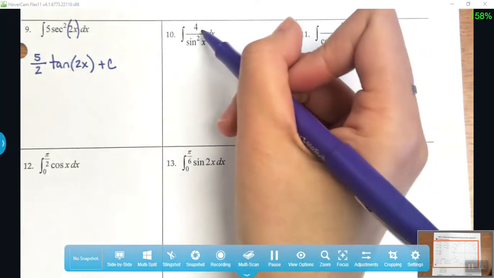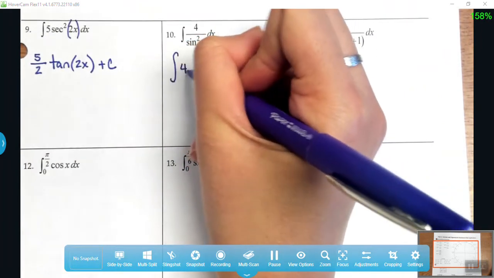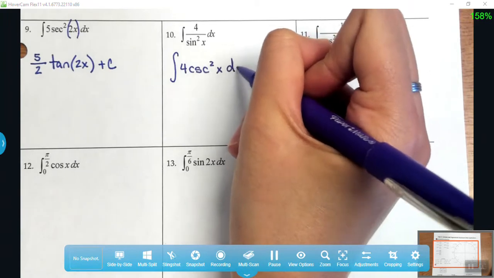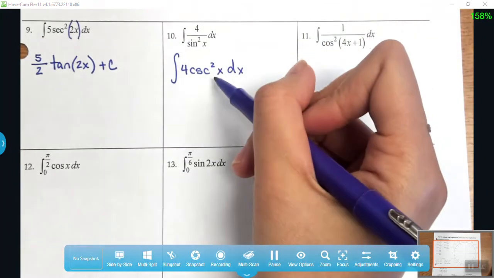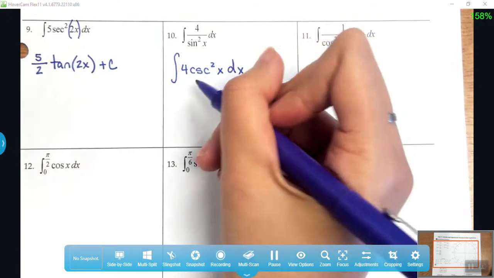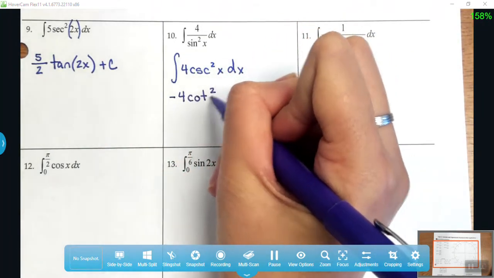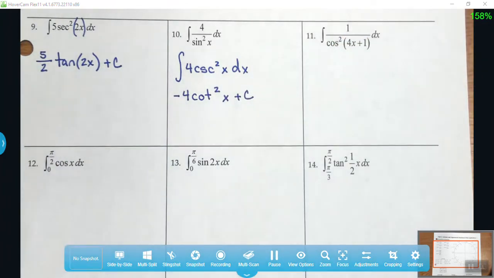Yeah. 1 over sine squared is the same thing as saying cosecant squared. Right? So use those trig properties. So the integral of cosecant squared is negative cotangent plus c, right?